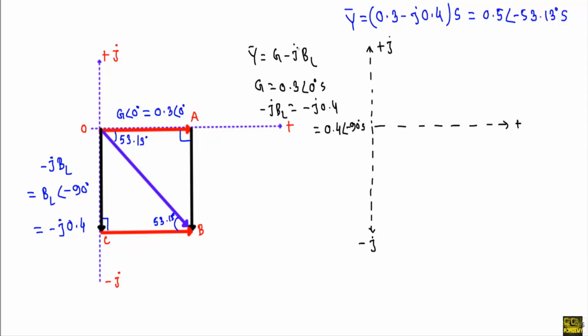Okay, that means this 0.4 or this BL will create minus 90 degree angle with this real axis. So let's say I am taking G in this direction. That will be OA. That will be our G, 0.3 phase angle 0 degree. Okay, this is our G, and we will take minus jBL in this direction.